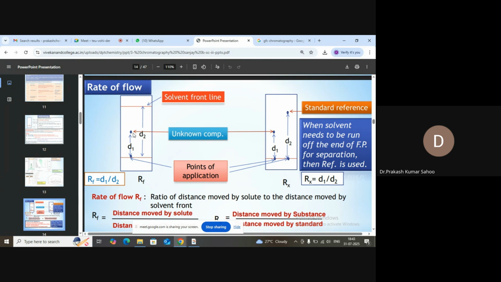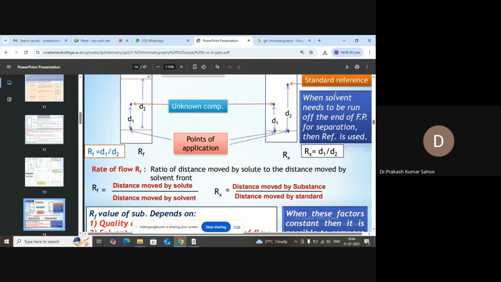So the Rf of this component is D1, the distance traveled by the component with respect to the reference line, divided by D2, the distance traveled by the solvent from the reference line to the solvent front line. That is D1 by D2. Similarly, there is a standard reference, and here also we have the same thing.